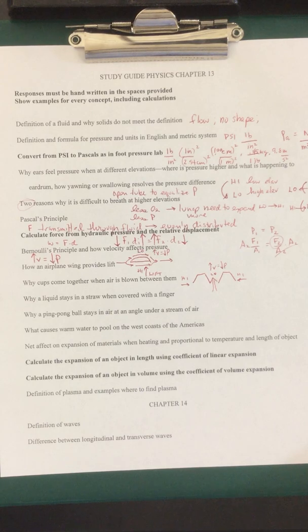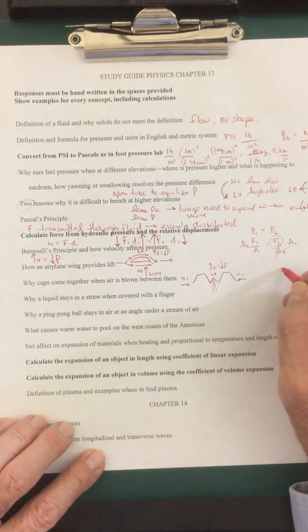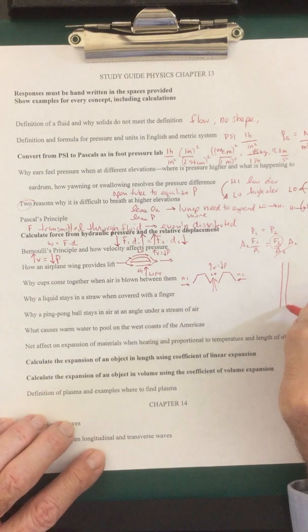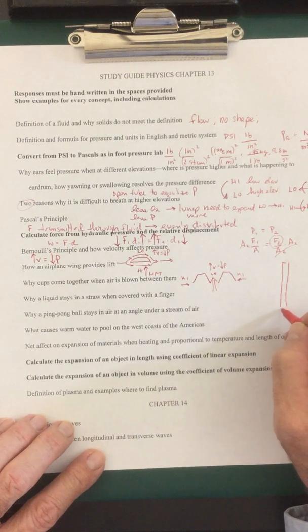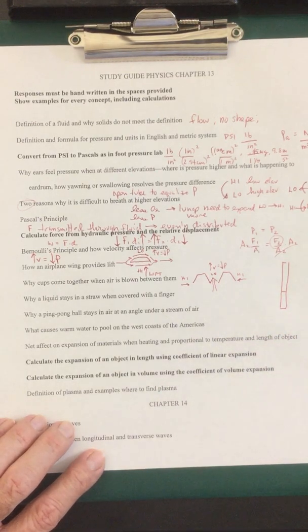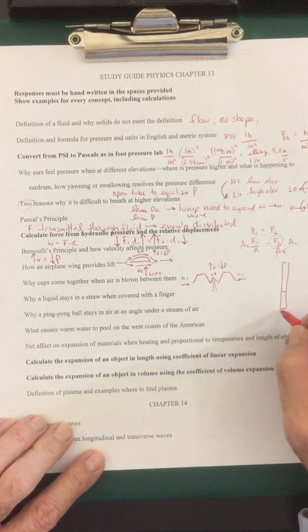Why does a liquid stay in a straw when you cover it with a finger? So imagine you have a straw. You've done this maybe at restaurants. Here's your straw, and here it's filled with liquid. So it's filled with a liquid, and what happens is it forms a drop down at the bottom.